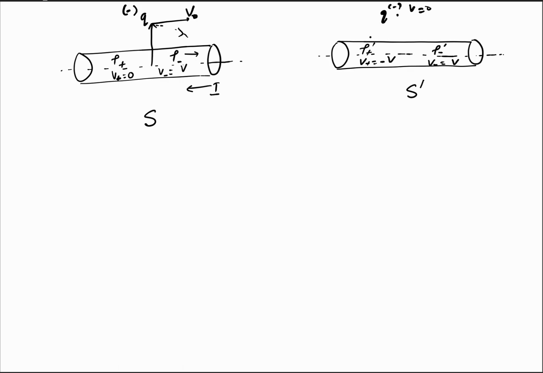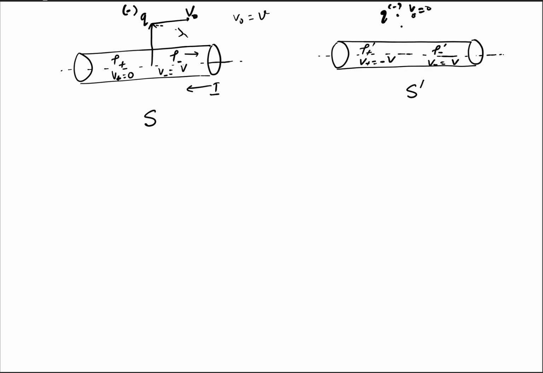So in this scenario, we are thinking that we are moving with the negative charges of the wire. So we are also assuming that this V naught for our special case is equal to V. So for our special case, this charge will be stationary.